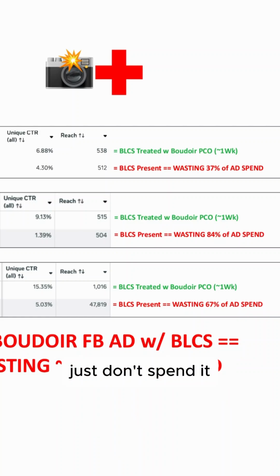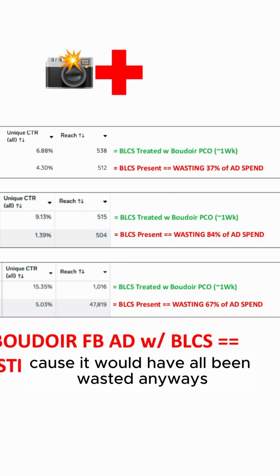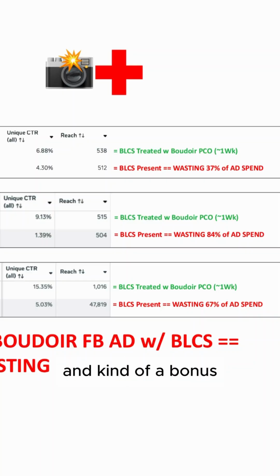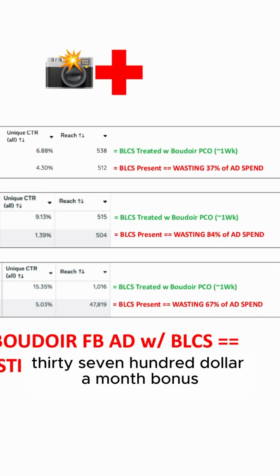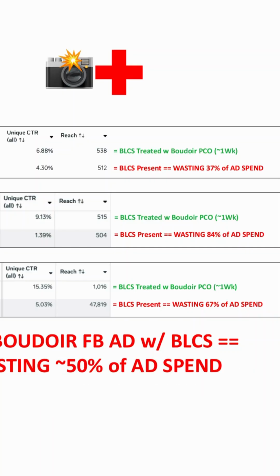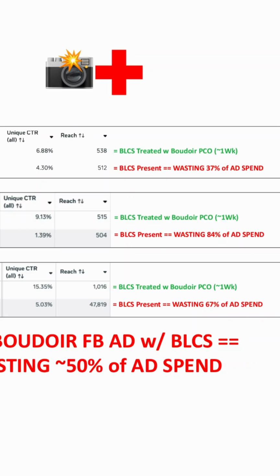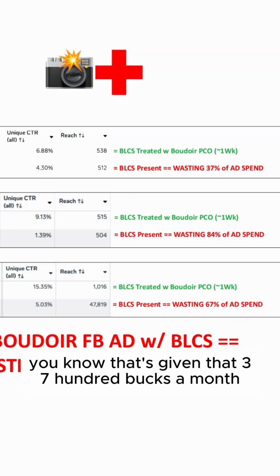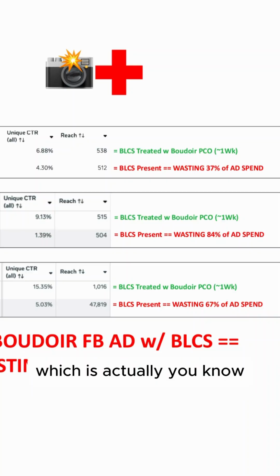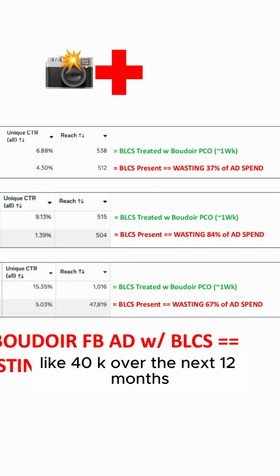They just don't spend it because it would have all been wasted anyways. A $3,700 a month bonus, which is actually like $40K over the next 12 months.